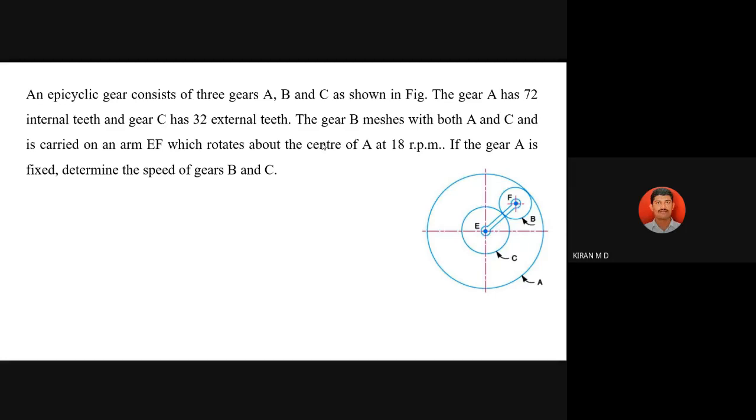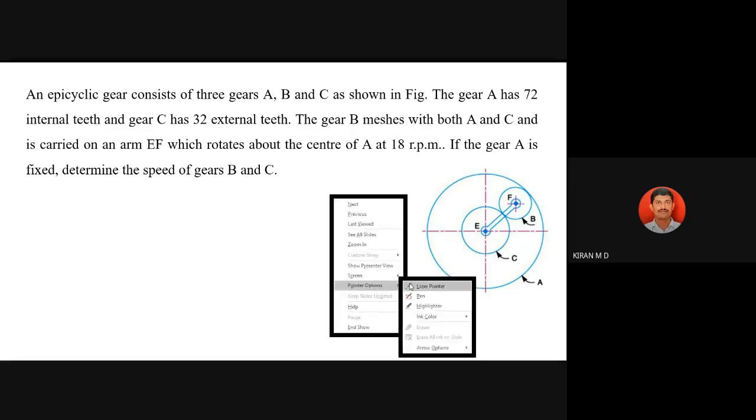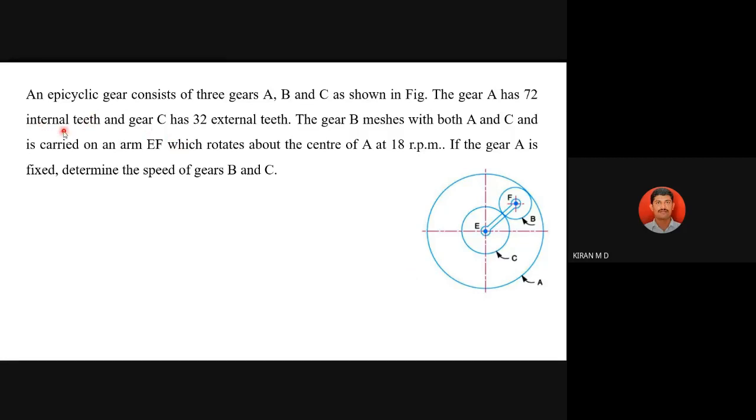Okay, so this is the problem. An epicyclic gear consists of three gears A, B, C, shown in figure. The gear A has 72 internal teeth, and gear C has 32 external teeth.